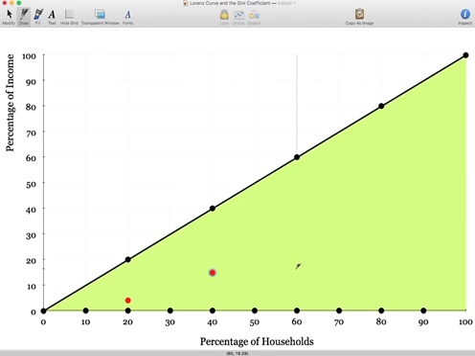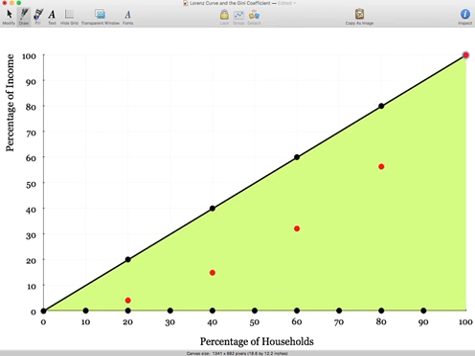Let me move that up to there. Roughly. And if we add the fourth fifth, that's roughly 24, so that gives us 56% in total. So if I go from 80 up to 56%, roughly right about there, and then we would go to this point here.